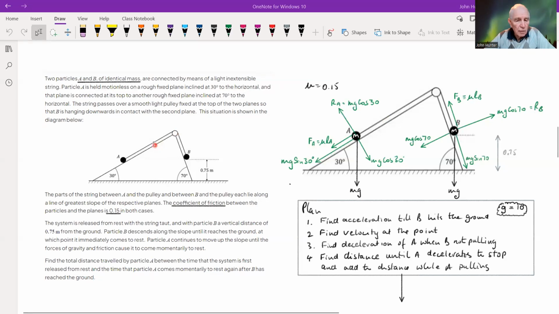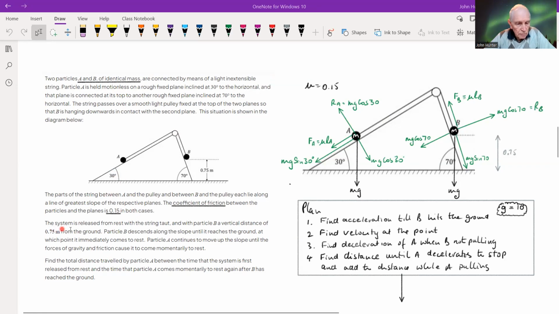The thing of key note in this first paragraph is that the particles A and B are of identical mass, but we're not told what that mass is. We can see everything else, the angles, the vertical height of B, and then the coefficient of friction between the particles and the planes is 0.15 in both cases.